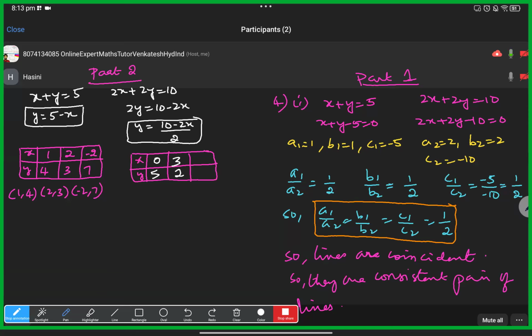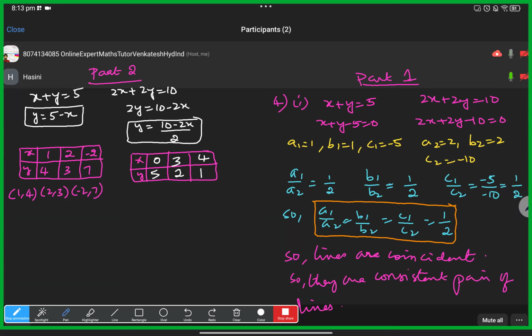Now let us take x as 4, which I didn't take. I am taking the x values in such a way that I take the left-over ones. 10 minus 2 into 4 is 8. 10 minus 8 is 2. 2 by 2 is 1.